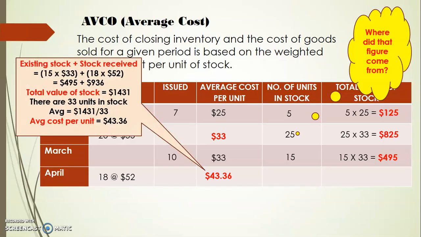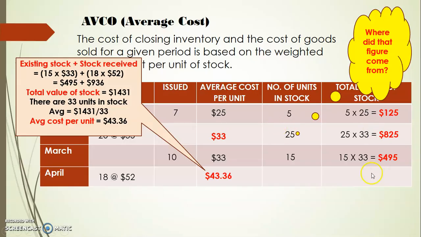Okay, so let's look and see where we got this figure from. Using the Avco method, we add the stock received to the existing stock. That would give us the total stock value. The total stock value is then divided by the number of units in stock.